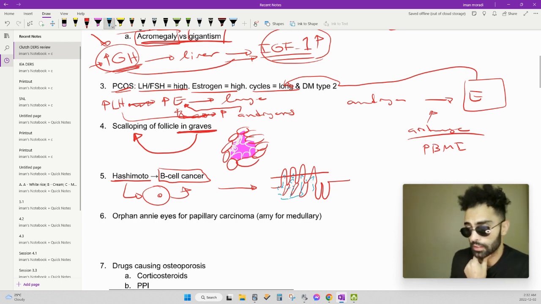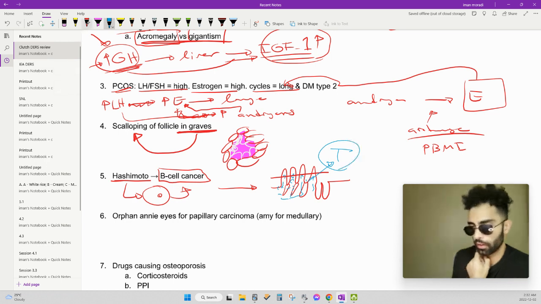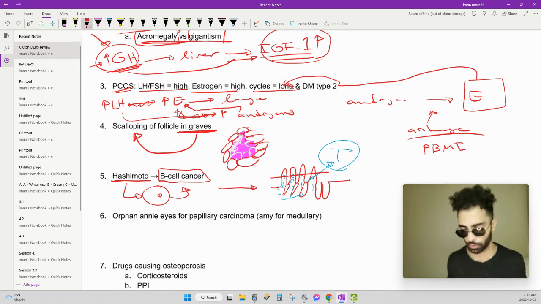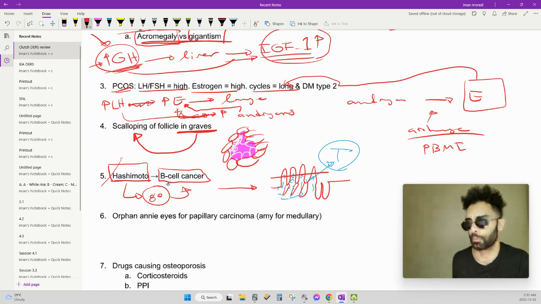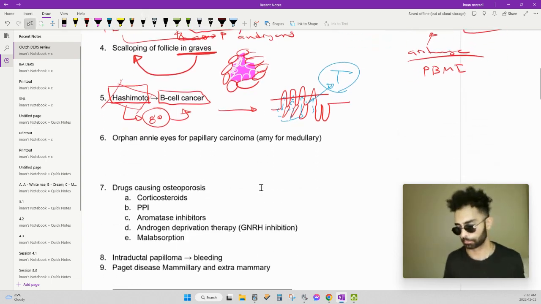In this case, these lymphocytes are T lymphocytes, and you get a T cell type of lymphoma with celiac, right? So that's something to have in mind. But in almost all autoimmune conditions, you have this follicle-like appearance. I can't think of anything else off the top of my head, but in a lot of things that are autoimmune in nature, you get a B cell type of lymphoma.